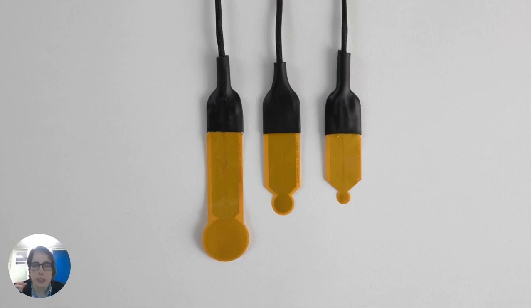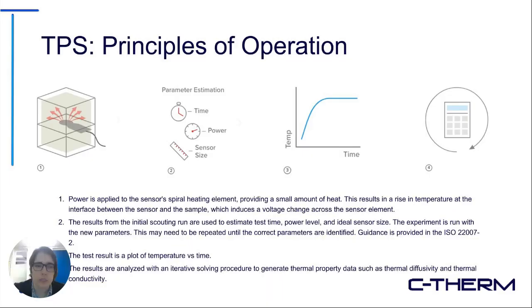The sensor in between it is our 13 millimeter TPS sensor, and it's kind of the workhorse of the TPS sensors. When you're running a test, all three of the sensor sizes operate on the same principle of operation. You sandwich the sensor in between two identical pieces of your sample.